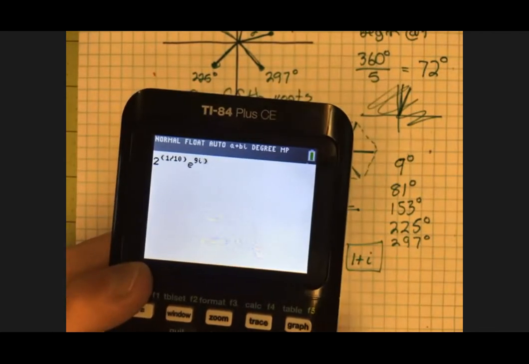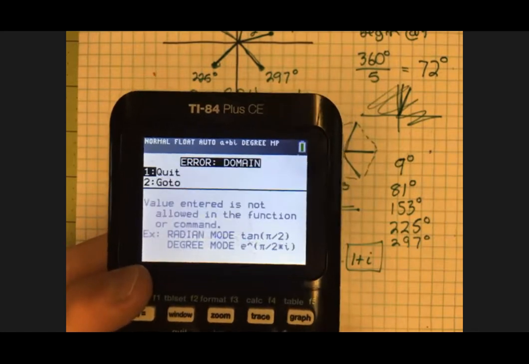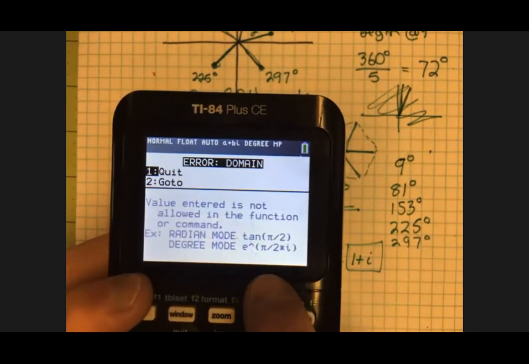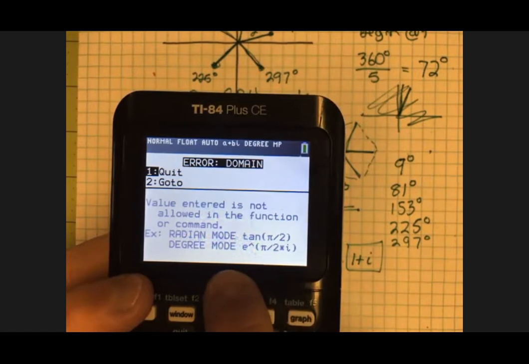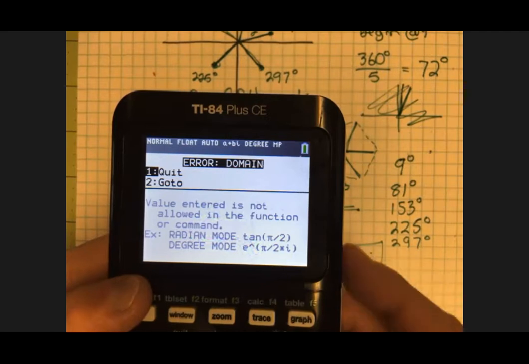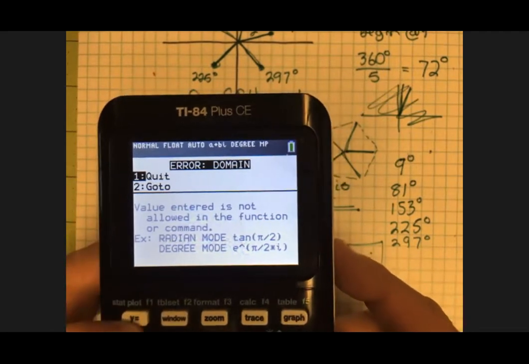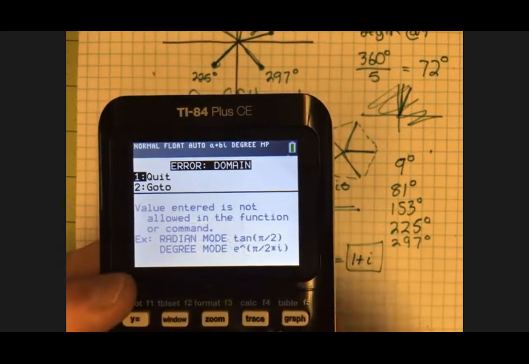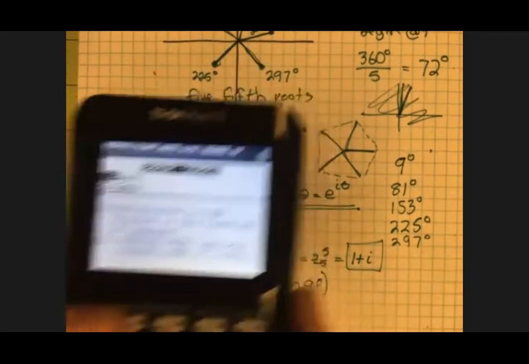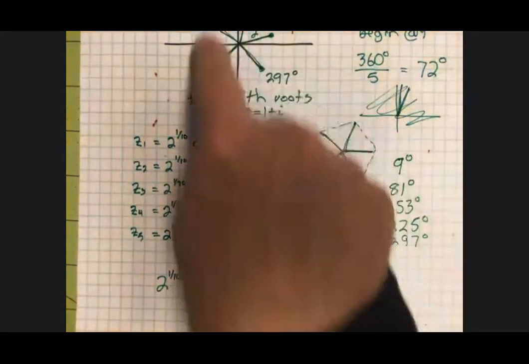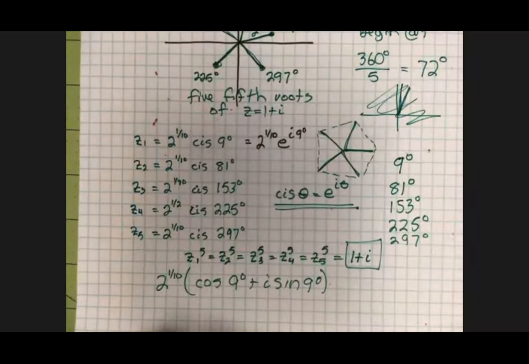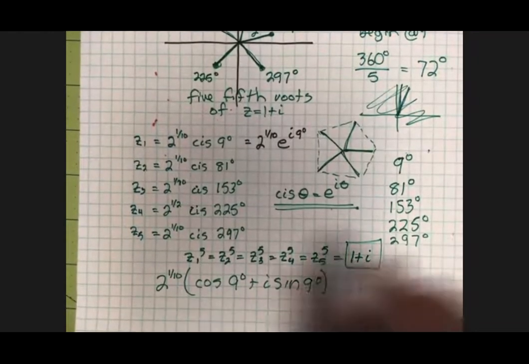Now, I got to be careful when I do this. They want me to enter it in radian mode. I'm not prepared to enter that in radian mode. I don't want to use radians right now. It's easier to visualize this in degrees. I could write these in radians.